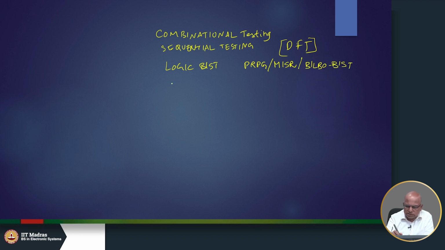We also talked about test compression, where seeds can be stored in the tester and they can be uncompressed into test vectors by an on chip PRPG and phase shifter. So, we have been looking at these aspects of digital testing.